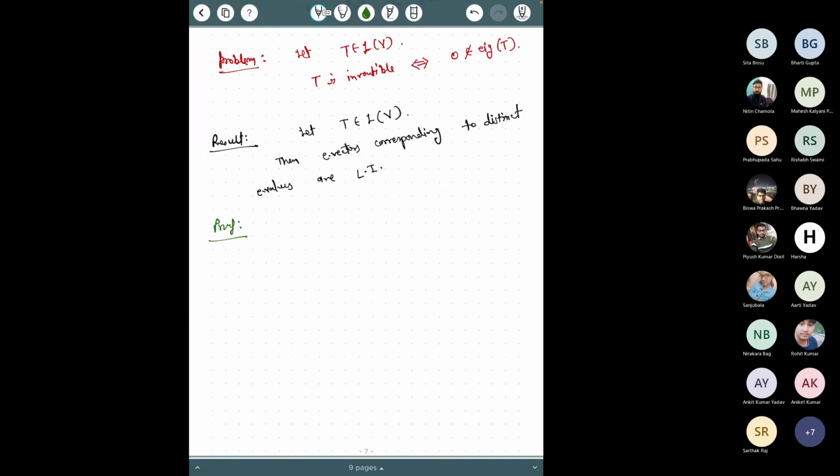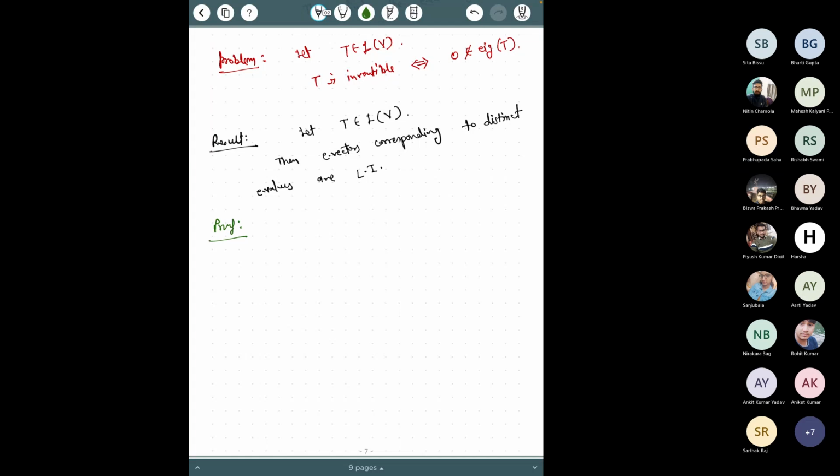Now let us take the expression summation ai vi equal to 0. So you are proving it by the definition of linear independence, how to check linear independence.